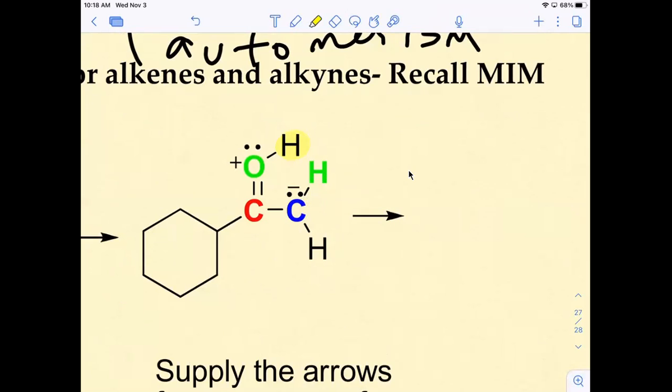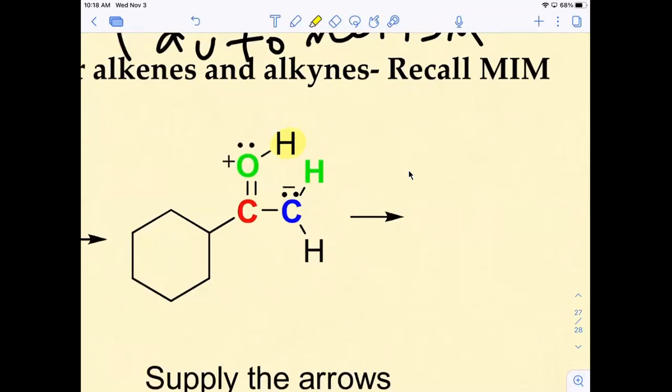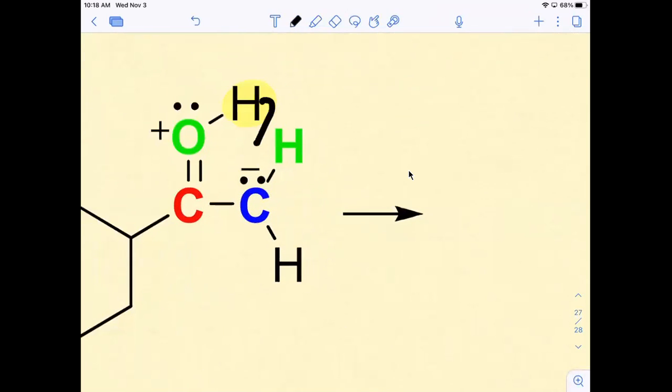Draw arrow from the hydrogen to the carbon. You want to start the arrow here, like that? Yeah. Why is that problematic? I agree, there's got to be an arrow between them some kind of way, but why is that particular arrow problematic?